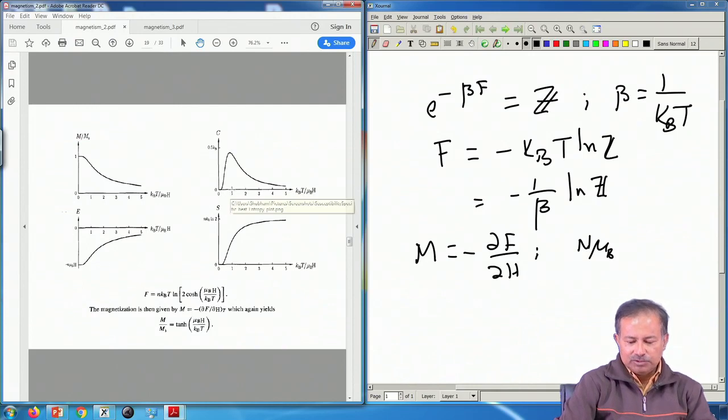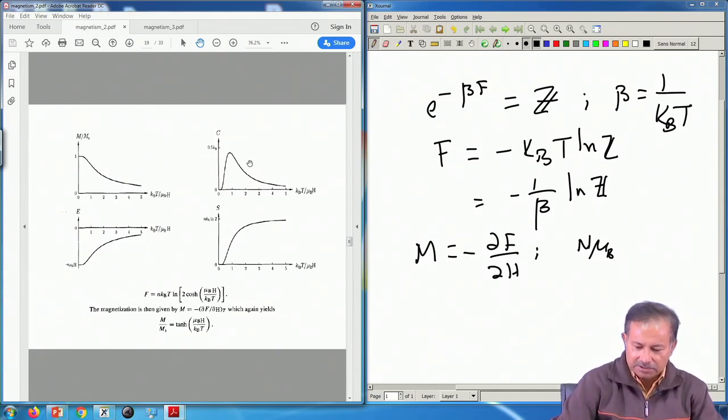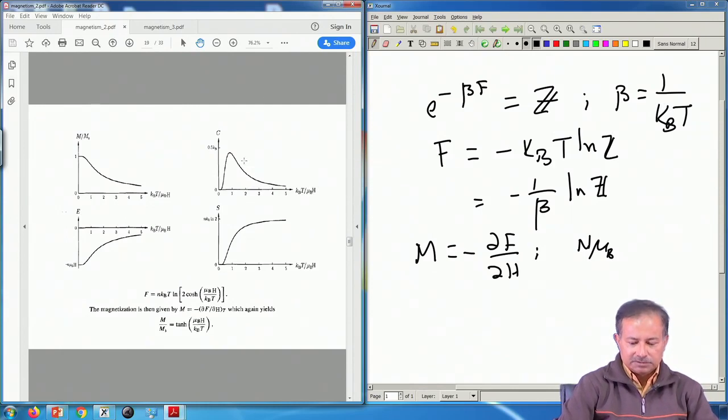Exactly when thermal energy matches mu_B H, you hit the peak. Then of course it declines, as you can see, the derivative is becoming 0. This is the standard curve for any such two-level system. You will encounter it in StatMech in many places.